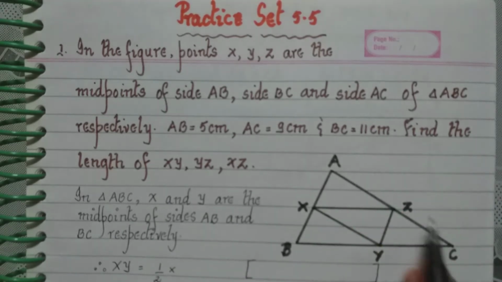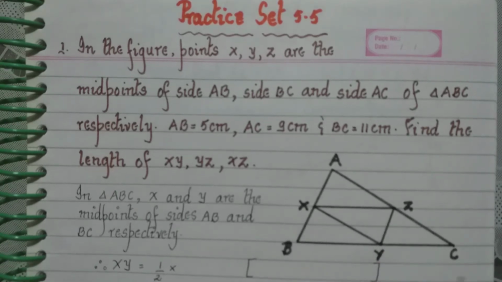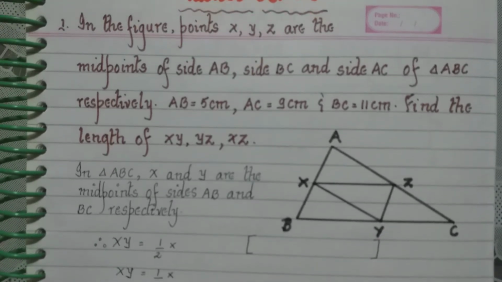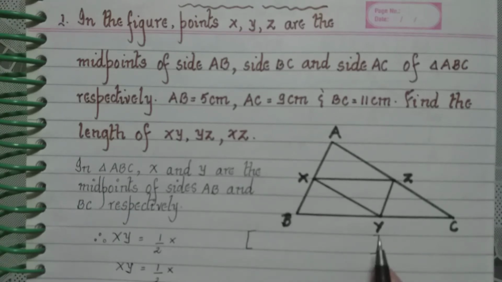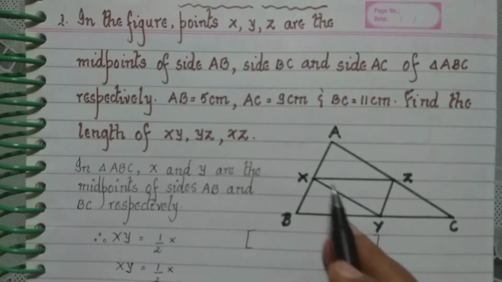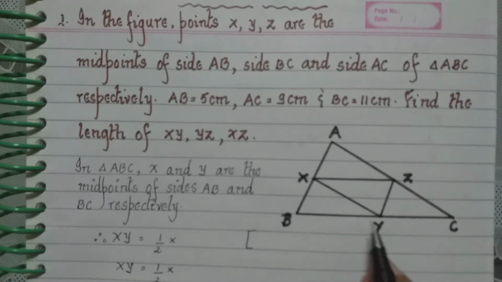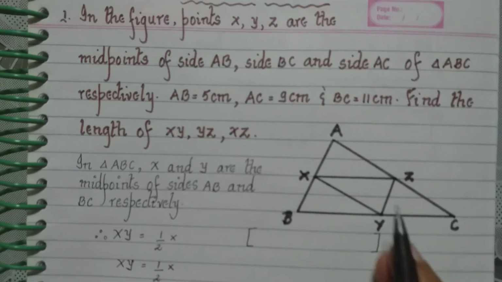We are seeing this triangle ABC. We know that X and Y are the midpoints of side AB and side BC respectively. Therefore, XY will be half of the third side.